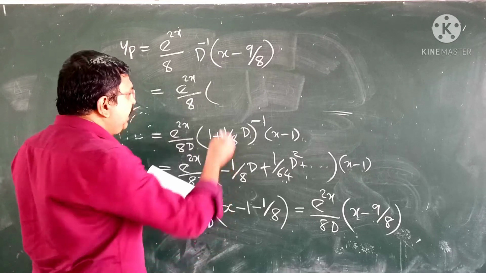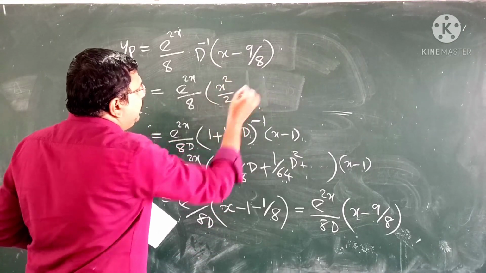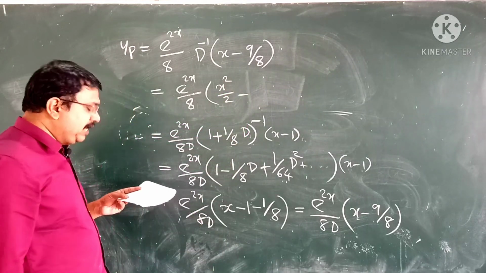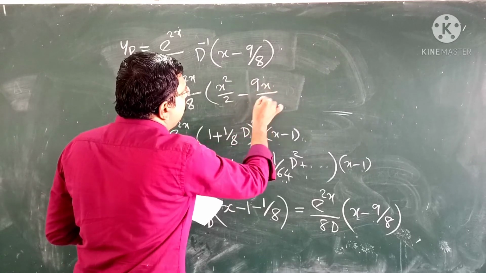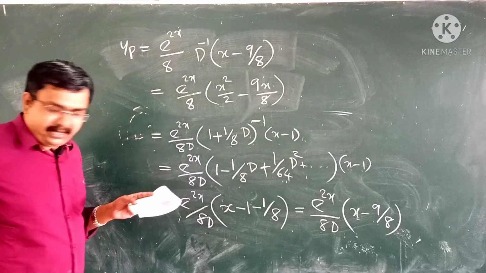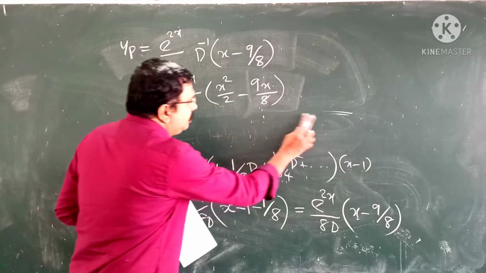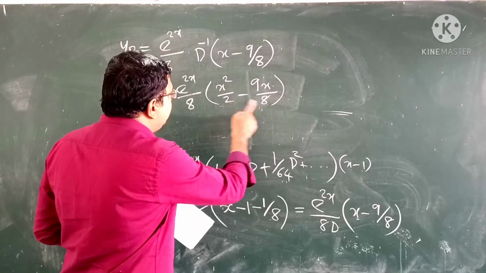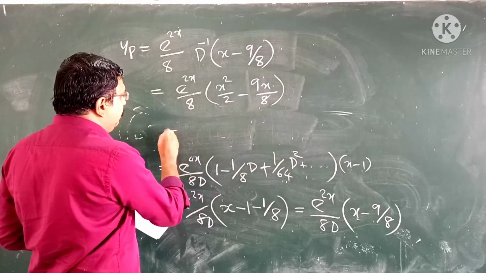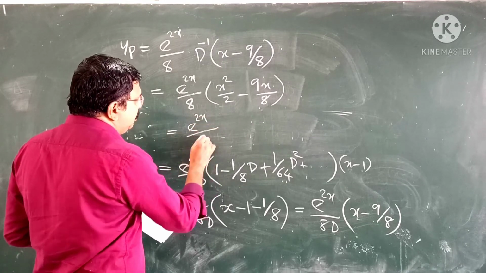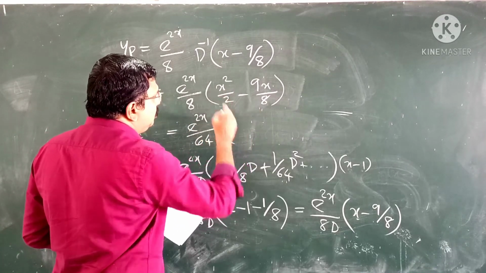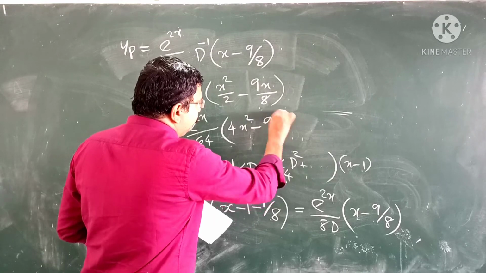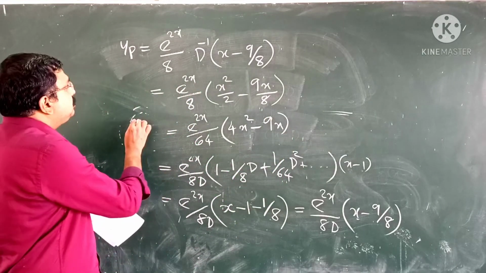You know that it is x²/2 minus the integral of 9/8, that will become minus 9x/8. Then the final step is, listen, we can take LCM as 8, then 8 into 8 will become e^(2x)/64 into 4x² − 9x. Okay, this is our final solution.